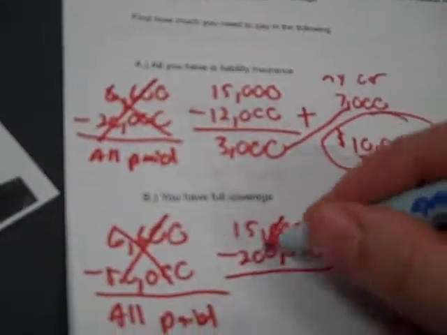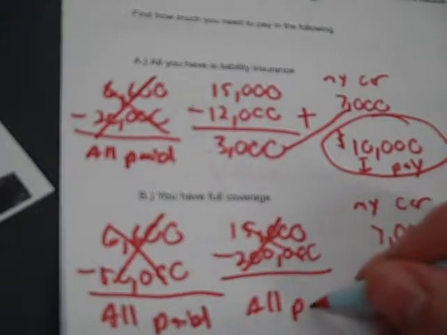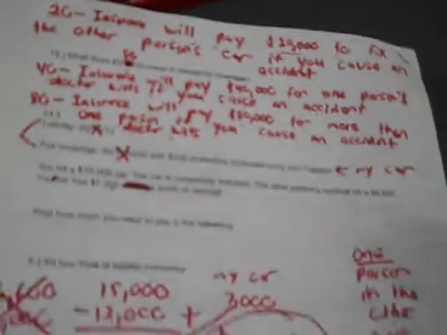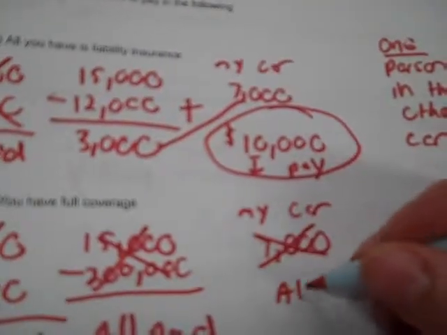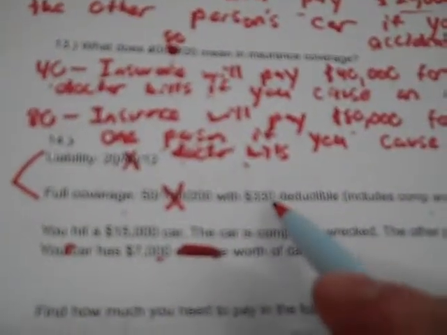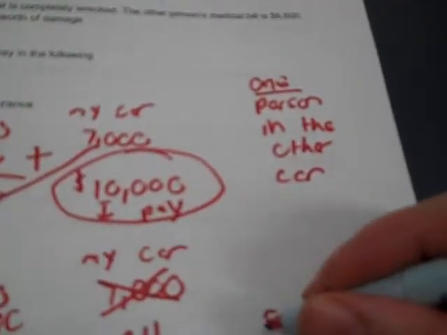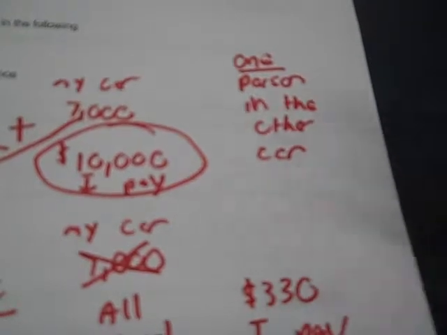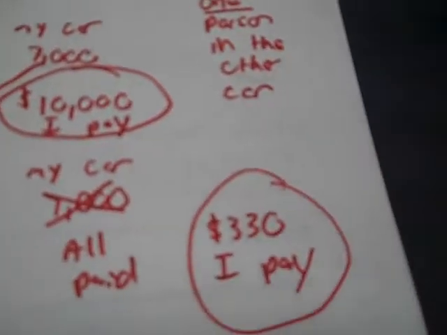So if we take 15 and I subtract 200,000, that's a negative, so that means that's all paid. And on full coverage, it says we have comp and collision, so my car is all paid. However, I do have to pay the $330 deductible. So I pay $330. And they will then pay everything, but I do have to pay $330 first.